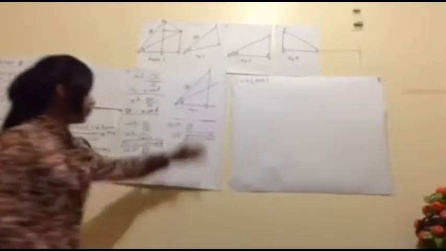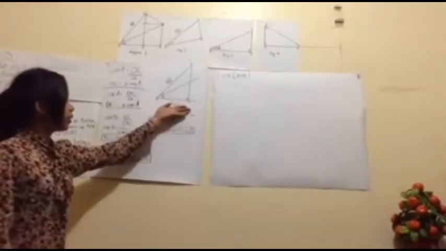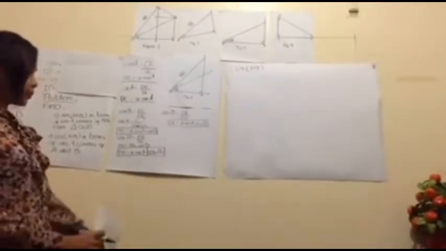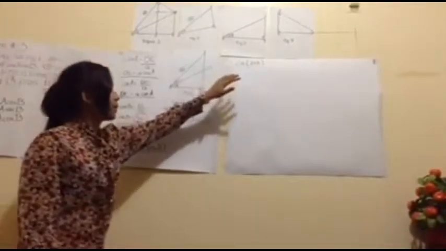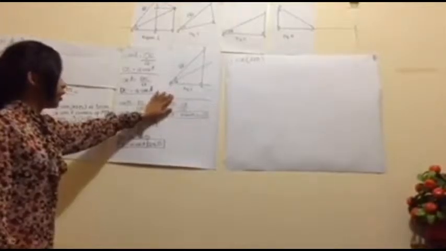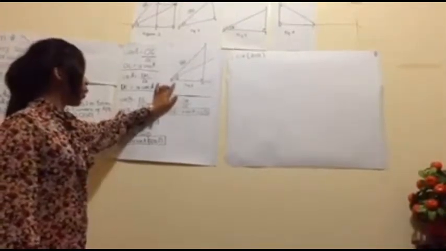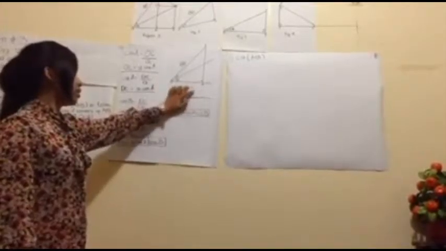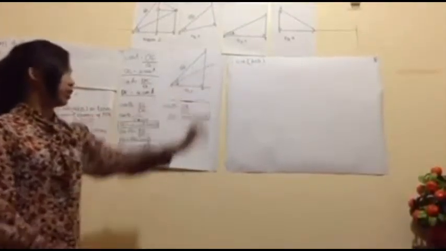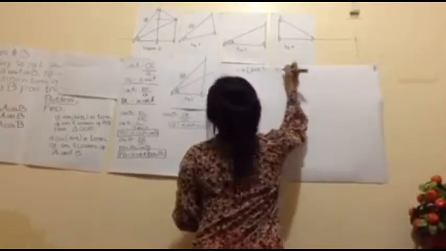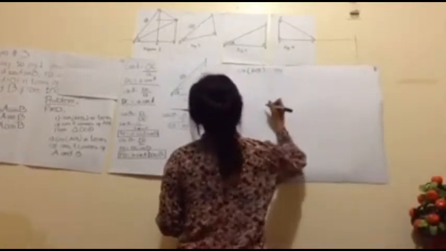Now, we will emphasize figure number 5. Now, cosine A plus B, the adjacent side of triangle ODG is equal to OG, OG over A.